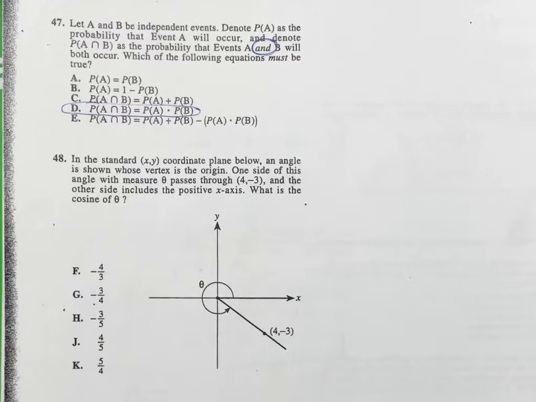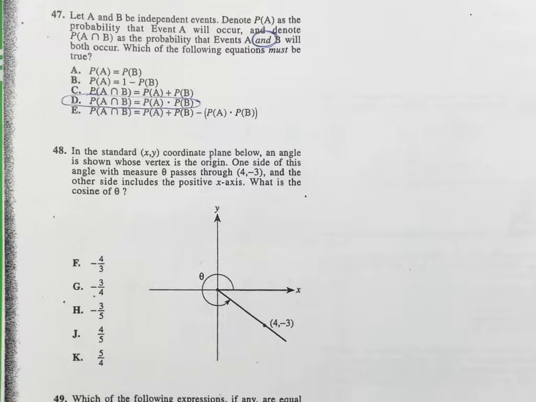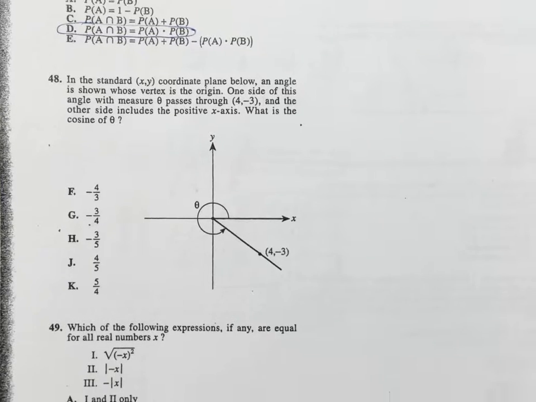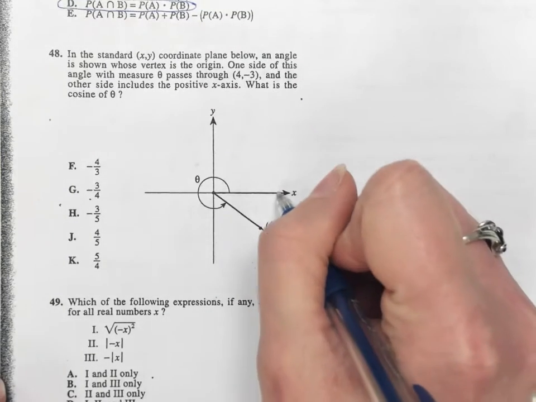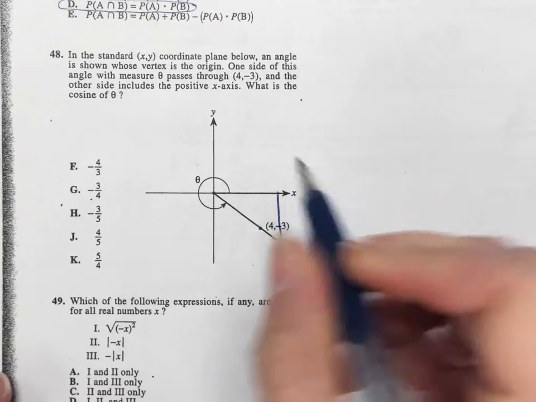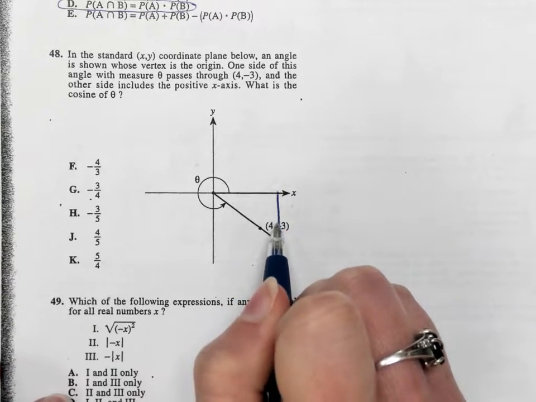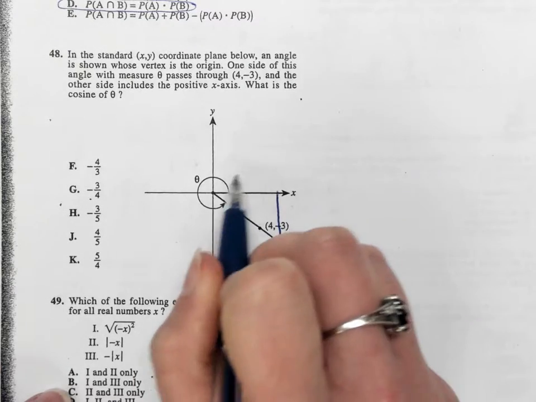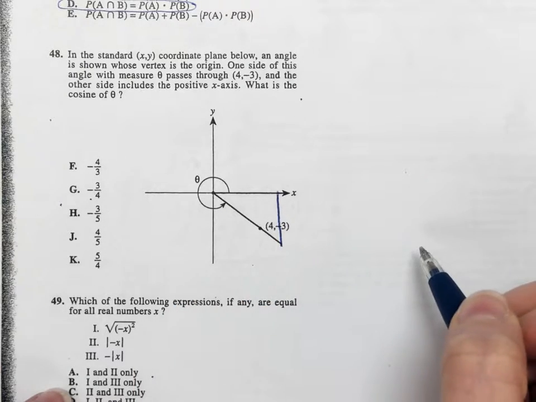All right, what about number 48? Does anybody need 48? Okay. In geometry, you see this little triangle that forms right here. If your x is 4, then where is 4 on this triangle?